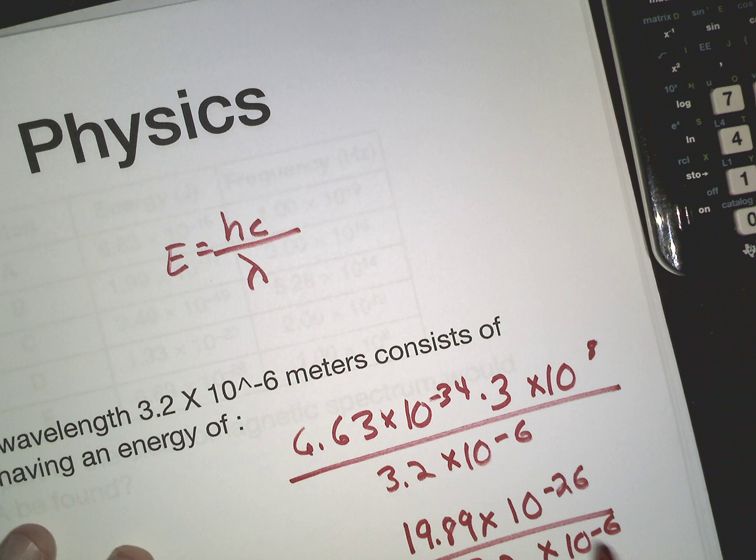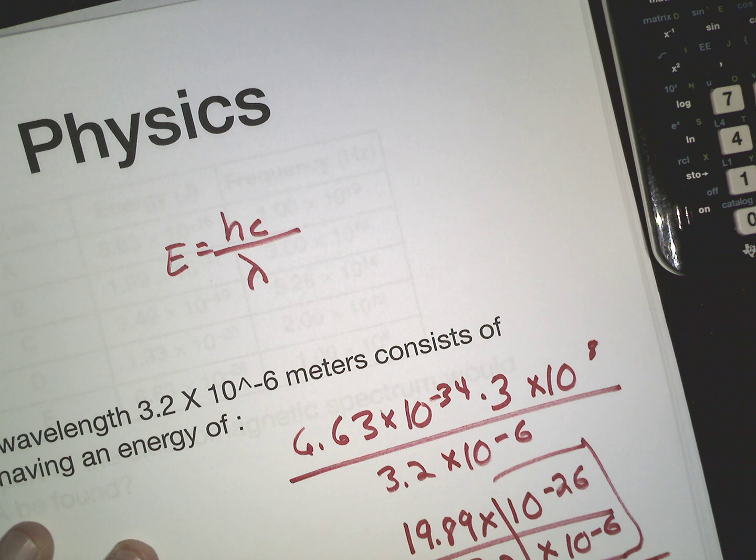When you're dividing exponents, you keep the base and subtract the exponents. Negative 26 minus negative 6 is negative 20. Remember, this is going to be in joules too.